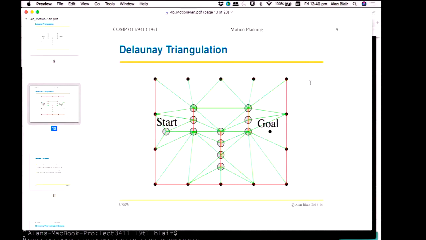So I have a list of 210 potential edges. I sort them in order of length. And then I go through the list and I decide for each edge whether to add it or not. I add it so long as it doesn't cross an edge that's already there. And eventually, if I go through all the edges and do that, it'll lead to this triangulation.